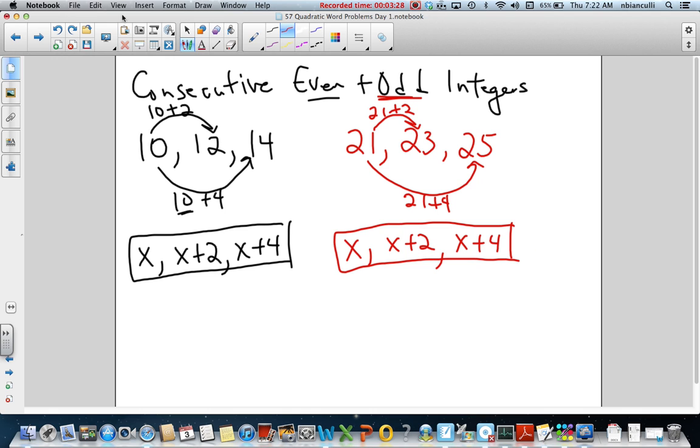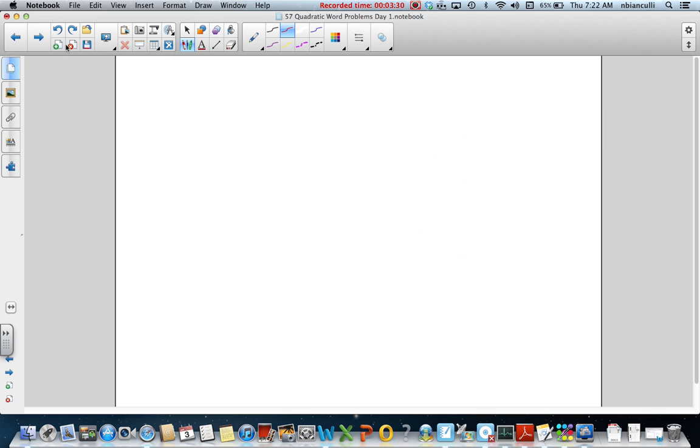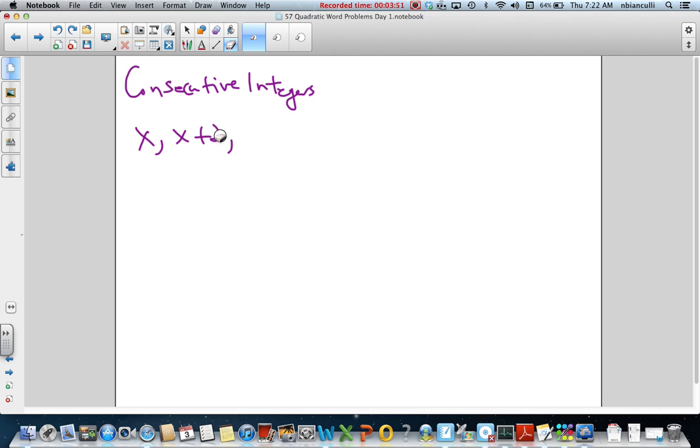Okay? So if you want to summarize all this, there's a little chart at the top of your paper to summarize. Consecutive integers. If I don't see the words even or odd, I'm going to have my x plus 2. Sorry, that's wrong. If it's just consecutive integers, it's going to be x plus 1 and x plus 2.